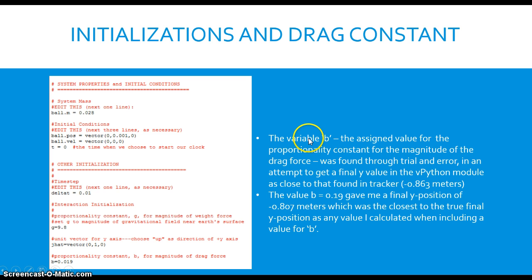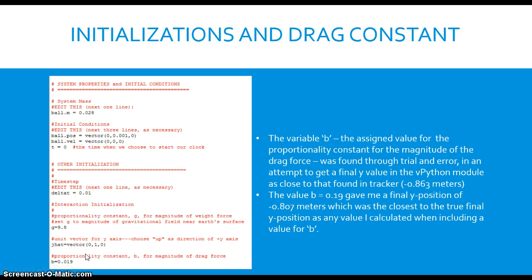and here we see those formulas, or the initializations that are necessary for the formulas that we were discussing earlier. The variable b, which we can see here at the bottom, is the proportionality constant for the magnitude of the drag force.